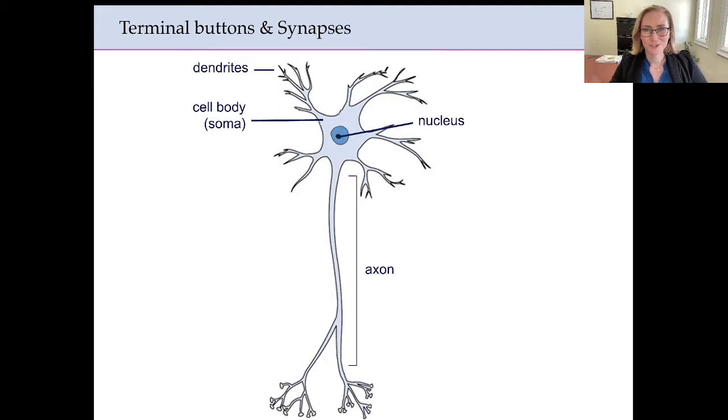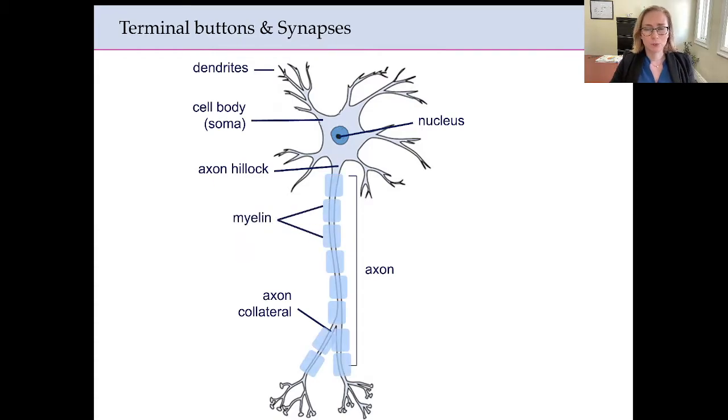The axon, of course, is where the action potential is sent down to make a connection with another neuron. An axon collateral doesn't always have to be the case, but sometimes the axon splits off. The axon hillock is where the signal starts, where the action potential starts.